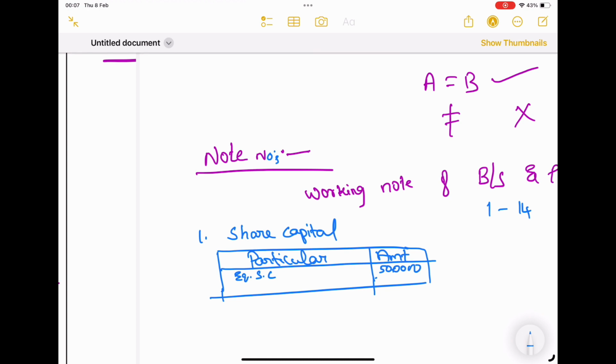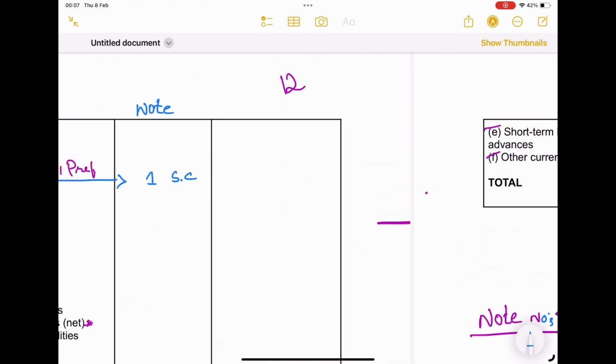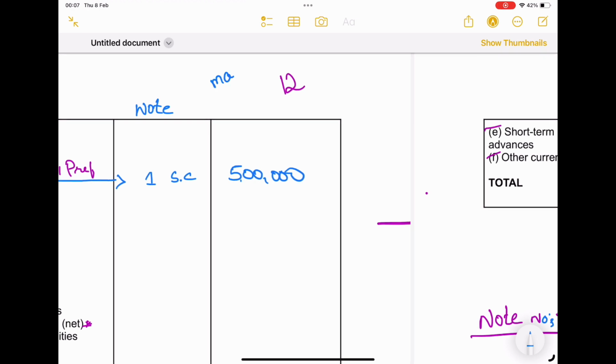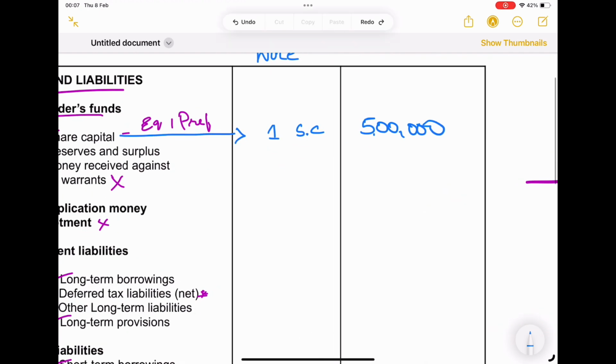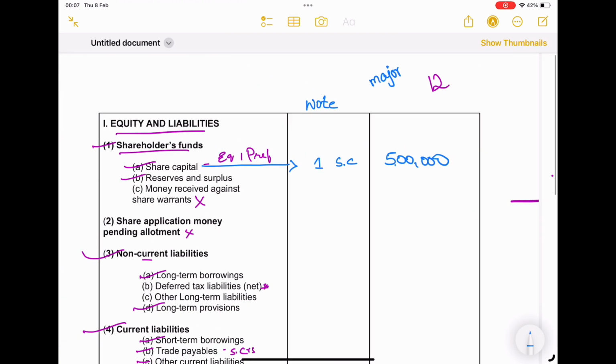Total 5 lakh. So this total will be written here as 5 lakh. Getting my point? Like this, for each major concept which requires a working note, that will be covered in note numbers. So share capital we are having.